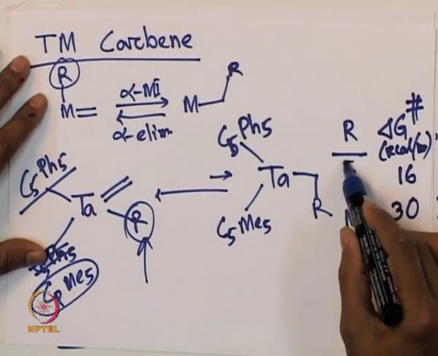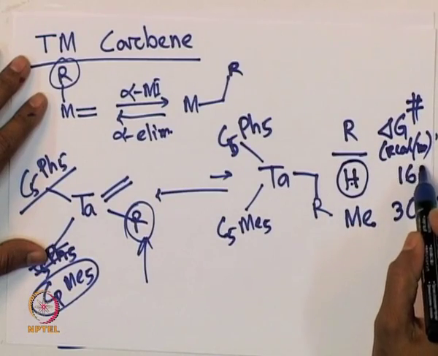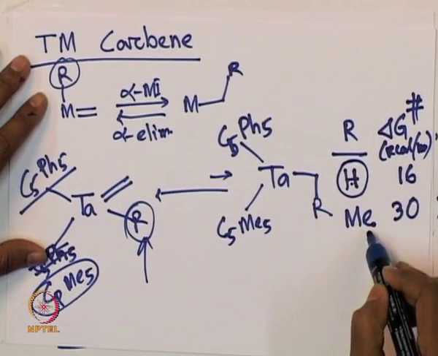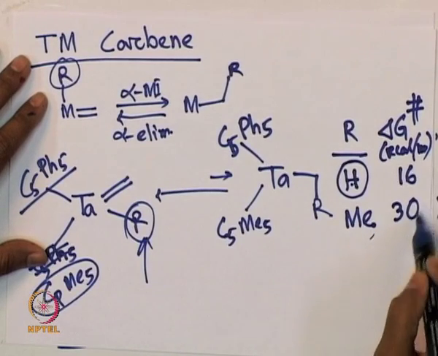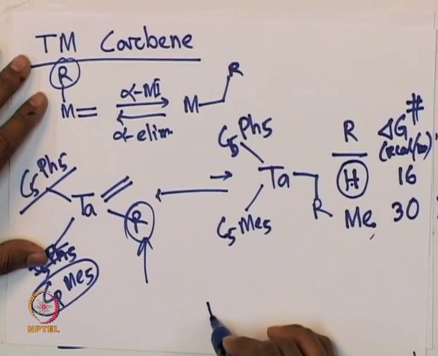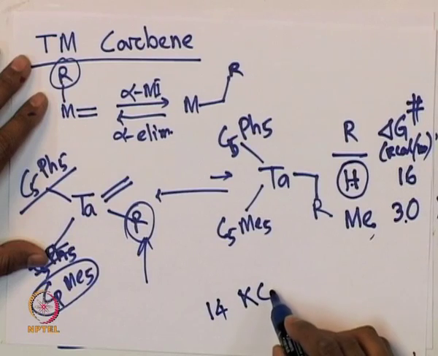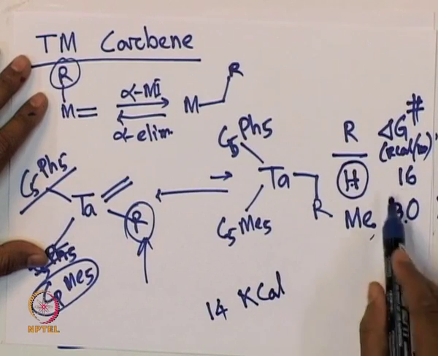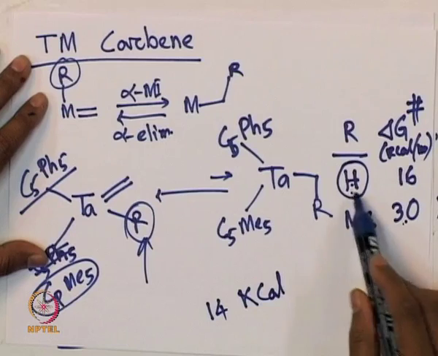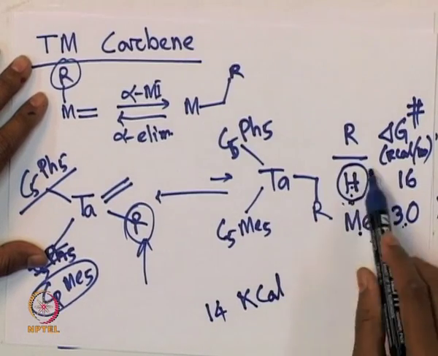So, as you can see with R equals H, we have the lower activation barrier, but the methyl has a higher activation barrier. How much difference is there? That is 14 kcal difference between these two. Now, H versus methyl, which one is faster? H is faster, right?